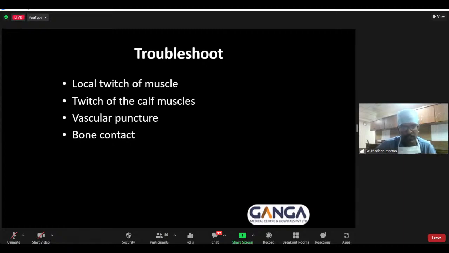Suppose you are getting a twitch of the calf muscles. This is because of the smaller muscular branches arising from the sciatic nerve to the gastrocnemius and the calf muscles. These small muscular branches lie outside the paraneural sheath. So if you are getting these responses, disregard them and push your needle further inside to pop the paraneural sheath.